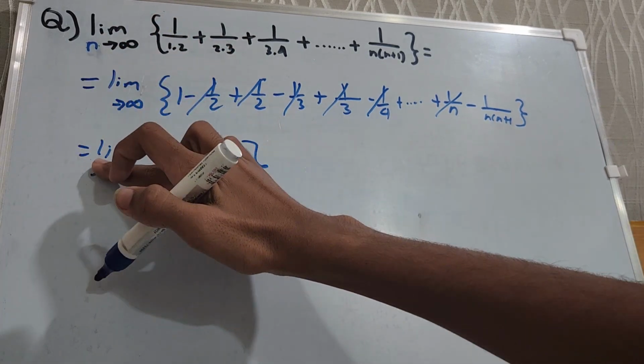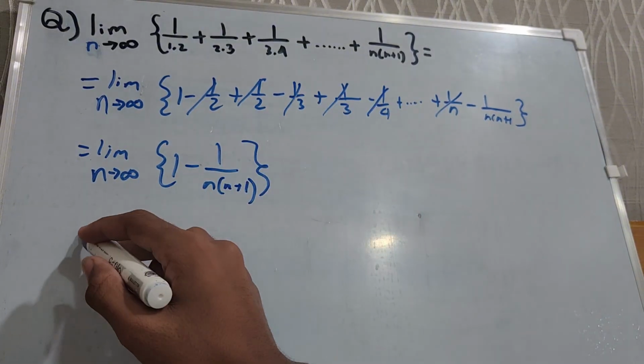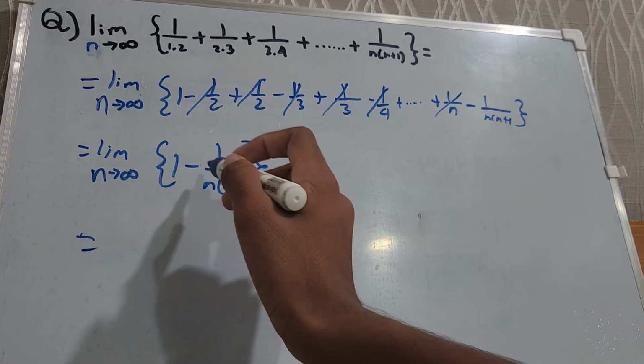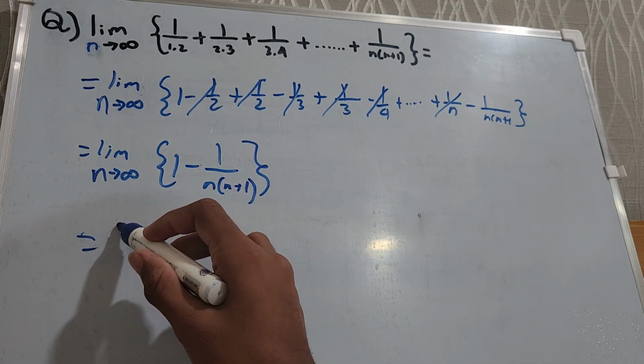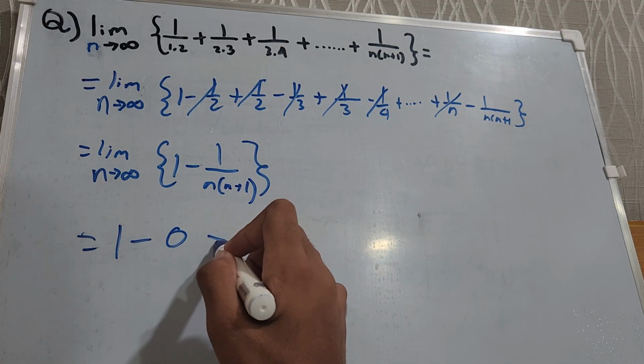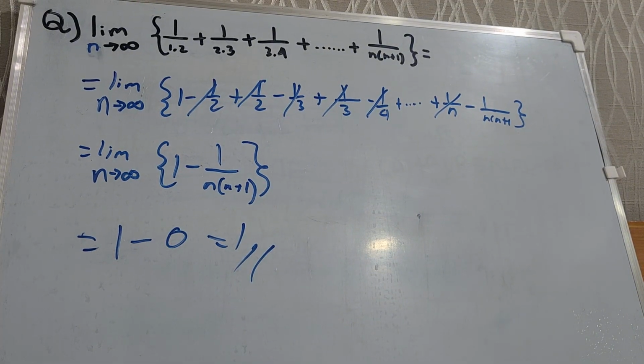So it's a question mistake. Let's put n, okay? And then we know 1 by infinity is 0, so our answer will be 1 minus 0, which is equal to 1. So we'll go to the next question now.